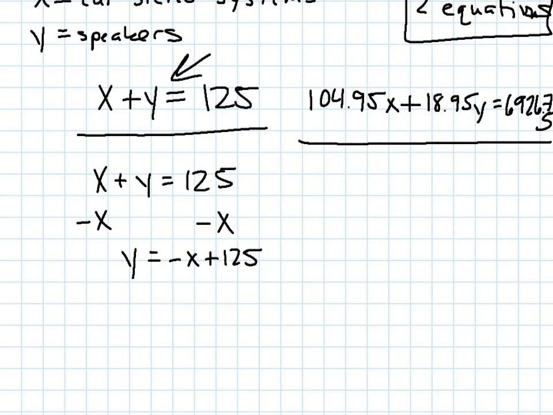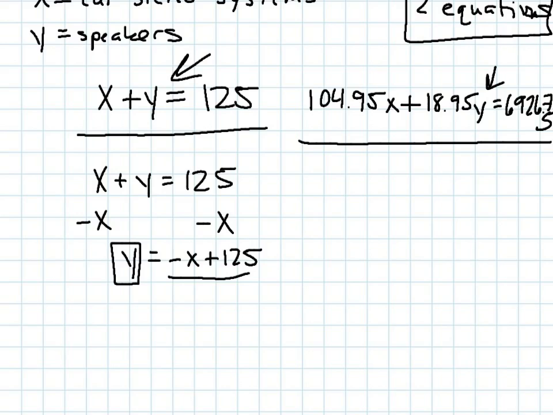Okay? Now, the key or the main part of substitution is that now that you have a y equals this stuff, negative x plus 125. Notice that you have a y in this other equation. So that means that I'm going to put in the information that y is equal to in for y, which allows me to have an equation with just one variable.